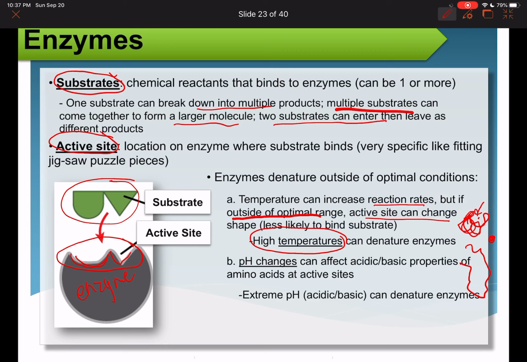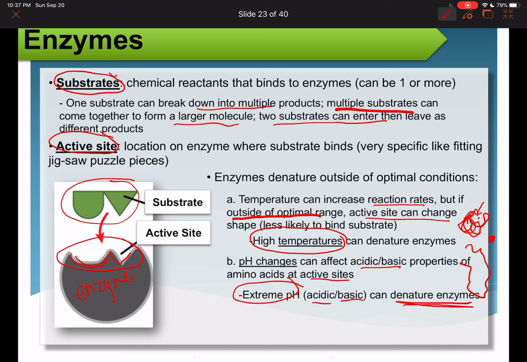A second major contributor of enzyme denaturation is the pH value of the solution the enzyme is sitting in. As we have learned already in chapter 3, pH changes can affect the acidic or basic properties of amino acids at the active sites. An extreme pH, either too acidic or too basic, can also denature an enzyme.